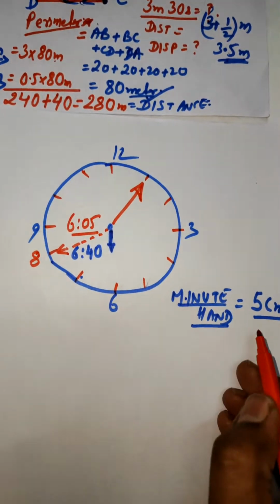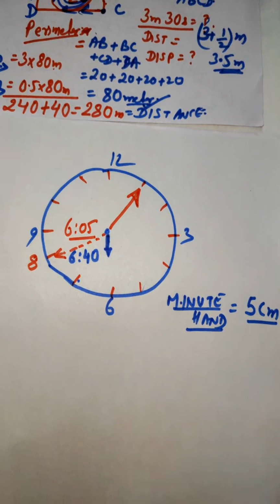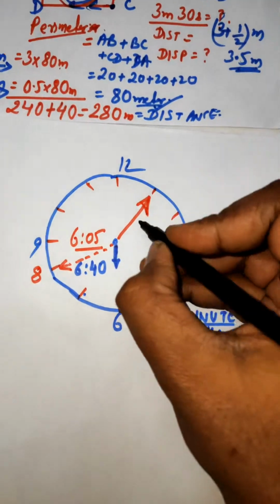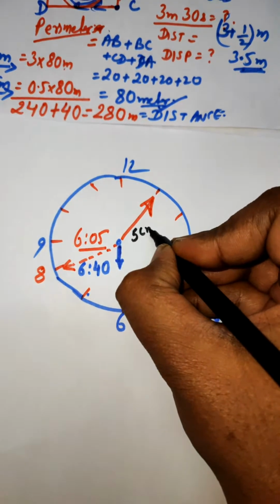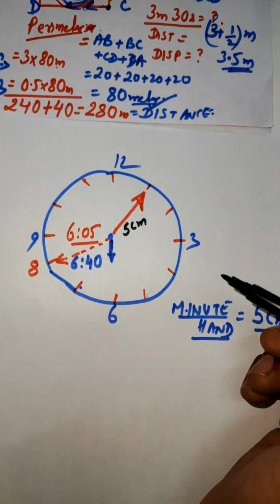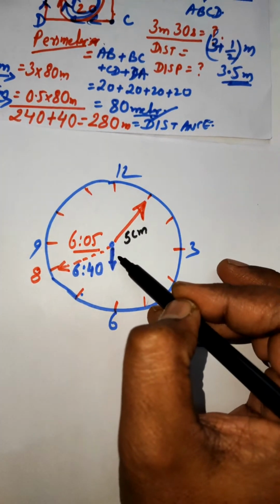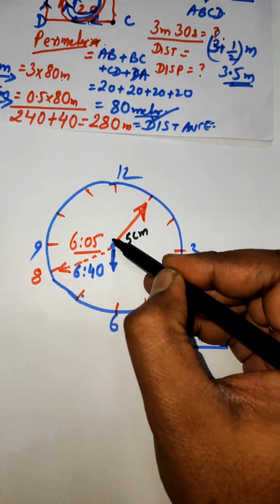If the minute hand is of 5 centimeter length, I am writing it over here as 5 centimeter. So just see this clock as a square. If this is a square, this will be the radius.